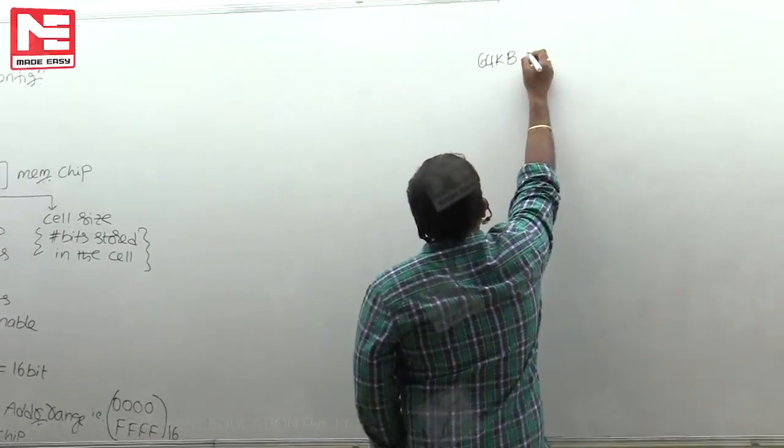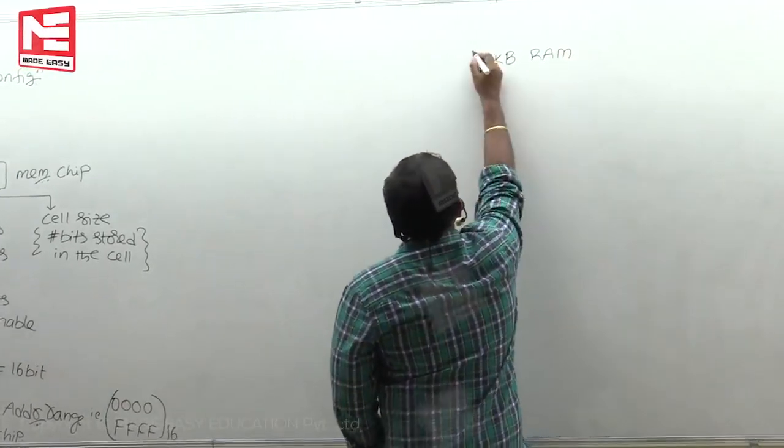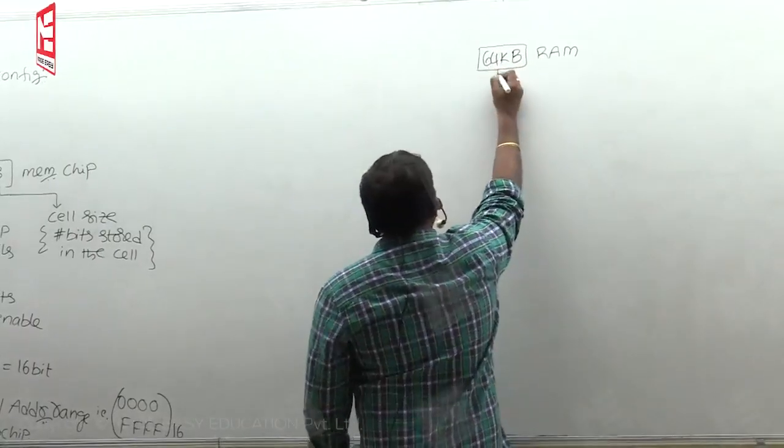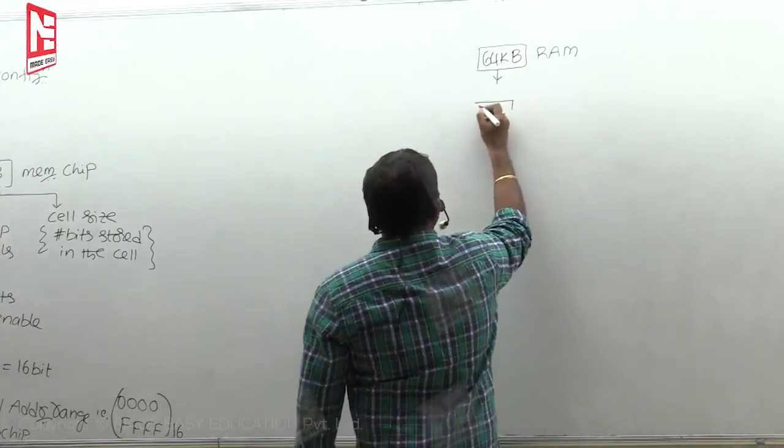64 KB RAM. When we open the 64 KB RAM, it looks like this.